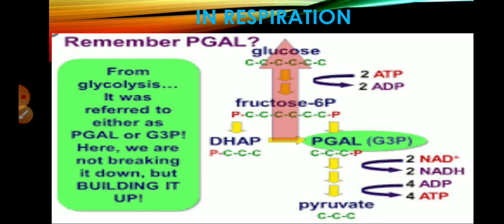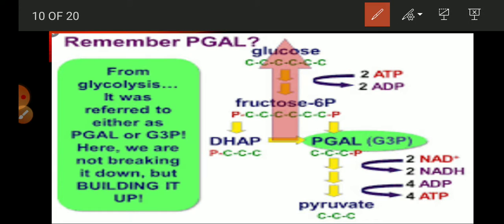From glycolysis, it is referred to either as PGAL or G3P, as we know. We are not breaking it down in the Calvin cycle, but preparing glucose from G3P. When glucose is broken down and changed into fructose 6-phosphate, in glycolysis it is changed into two compounds. One is PGAL, that is G3P, and the other is dihydroxyacetone phosphate.